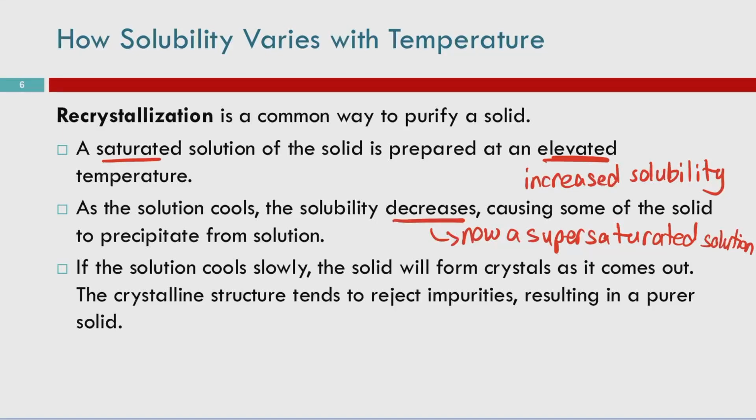And over time, and given a nucleation site where it can start to form crystals, you'll start to form crystals. So solid crystals form, and when those solid crystals form, because we're assembling usually positive and negatively charged ions, it's just going to be the things that we want, the positive and negatively charged ions that form into those crystals. So it tends to reject impurities, and this is one way of purifying chemicals.